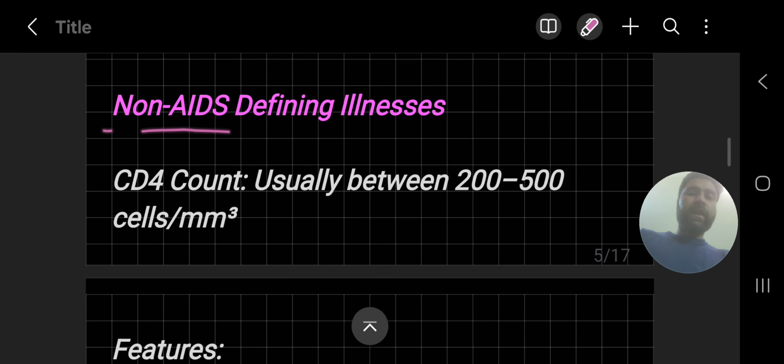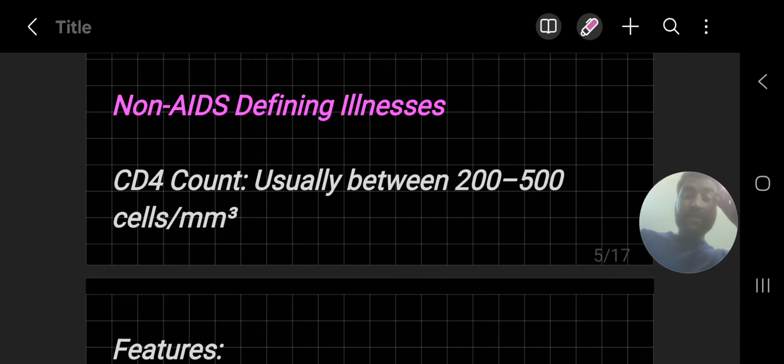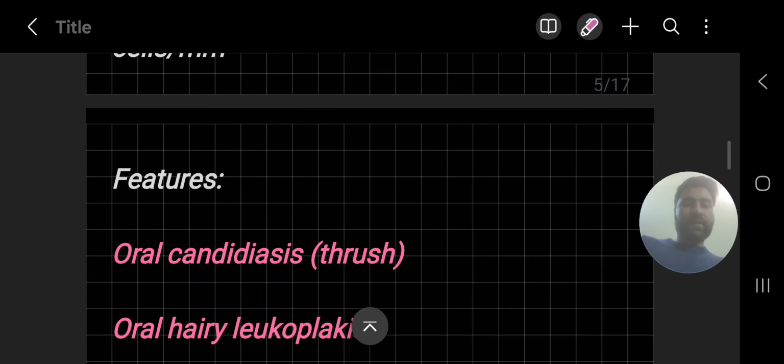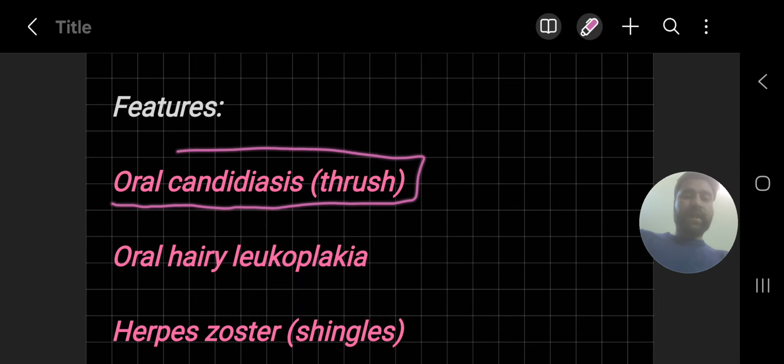Next phase is non-AIDS defining illnesses. These can occur in immunocompromised individuals also. When CD4 count is usually less than 500, then these illnesses start to appear. For example, oral candidiasis, oral thrush, oral hairy leukoplakia.